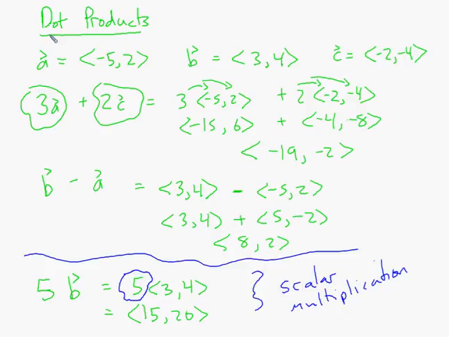So what we're going to do with the dot product is, well, what is a dot product? Let's define that. Let's get some synonyms here so that you know. Dot product is the same thing as saying the inner product.